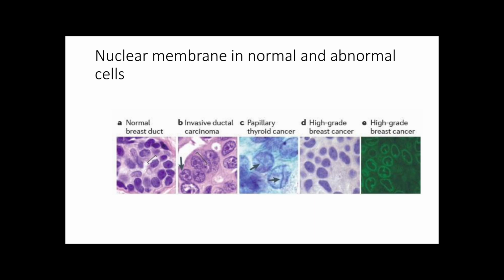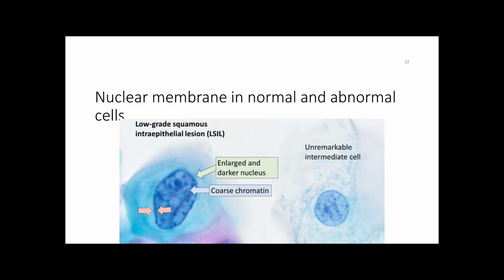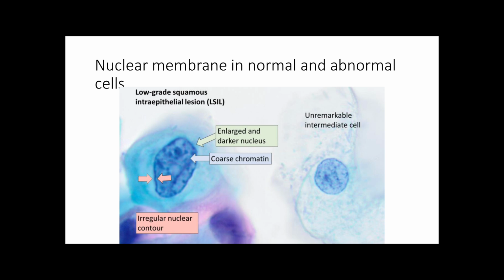Similarly, in picture B, papillary thyroid carcinoma, you can see some abnormal features inside the nucleus. We will discuss later what that is. Now you should understand the differences between the normal and abnormal cells.